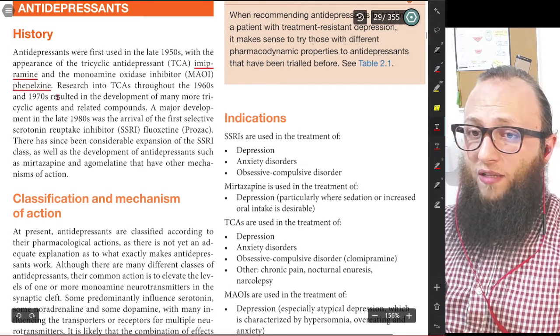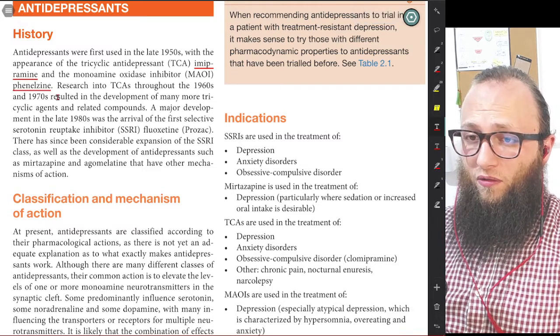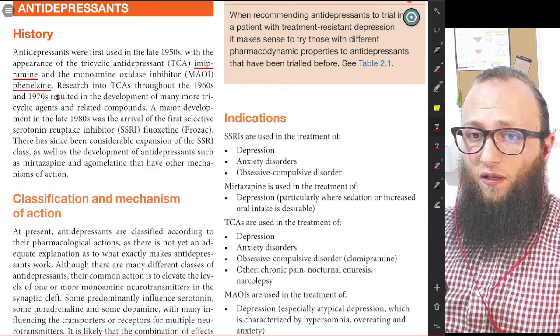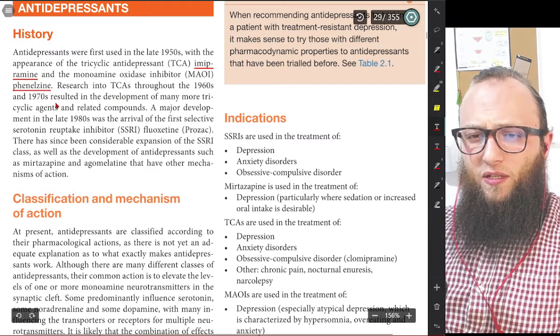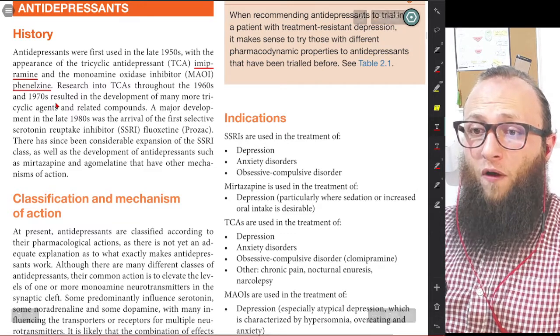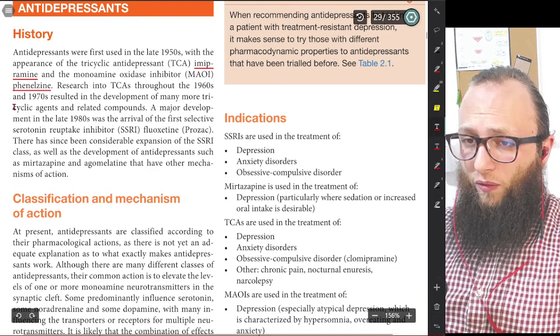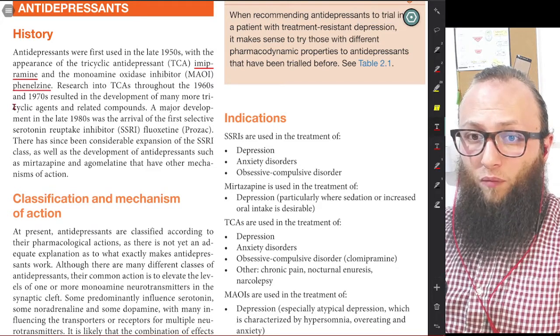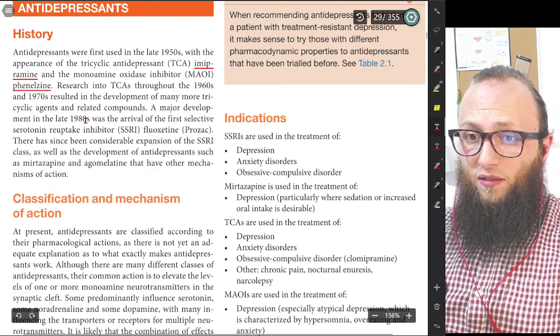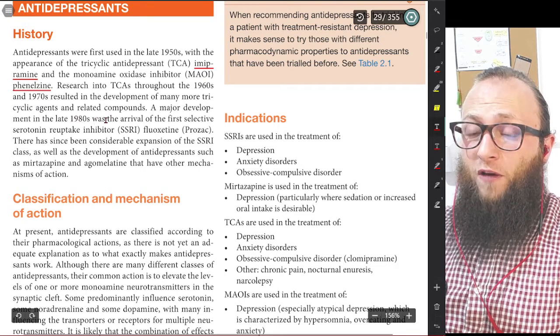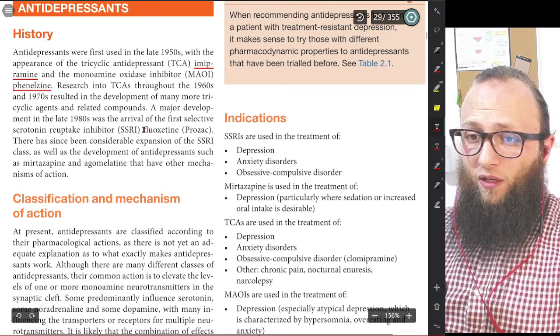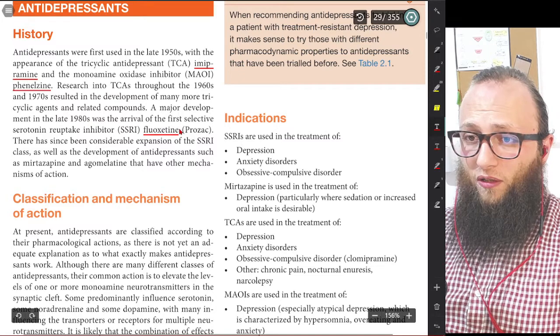Research into tricyclic antidepressants throughout the 1960s and 1970s resulted in the development of many more tricyclic agents and related compounds. A major development in the late 1980s was the arrival of the first selective serotonin reuptake inhibitor, which is fluoxetine.